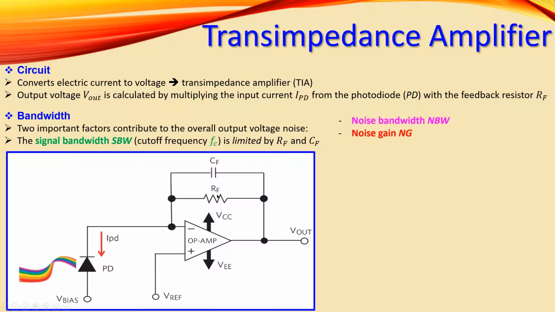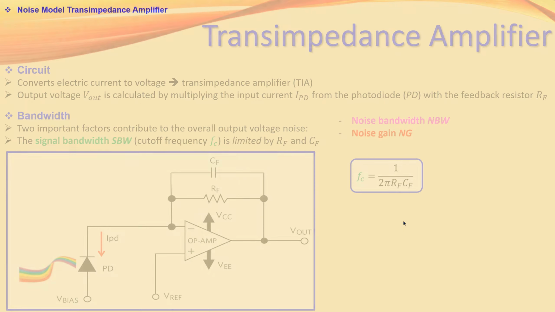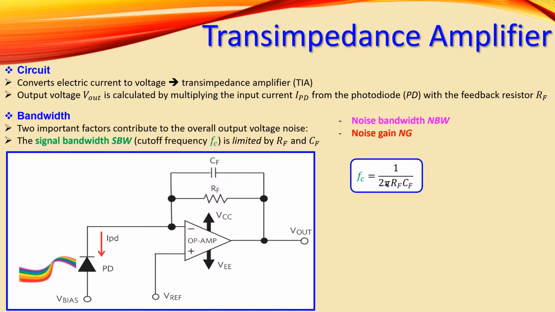So those two will determine your cutoff frequency and also your noise bandwidth, because the cutoff frequency is exactly equal to the signal bandwidth for this circuit, and that is also linked to the noise bandwidth in this circuit. So if I have a cutoff frequency given by this expression, just the low pass filter operation for this product, RF and CF, then from this you can go to the noise bandwidth.